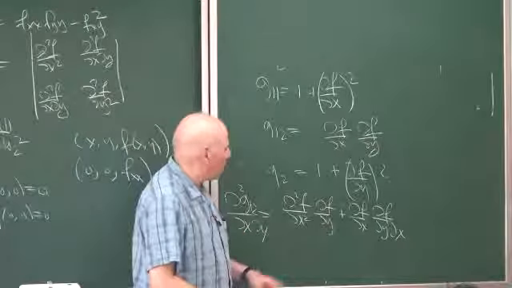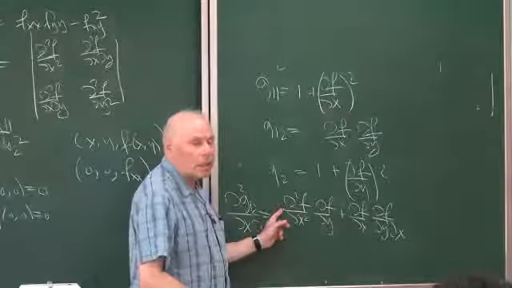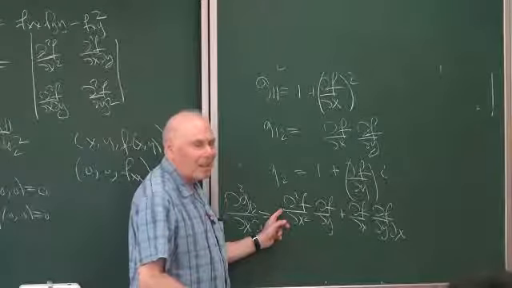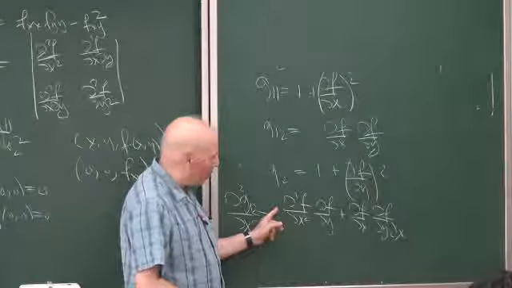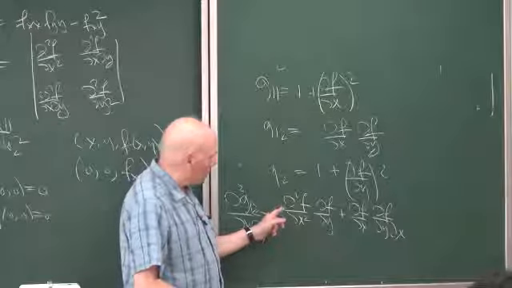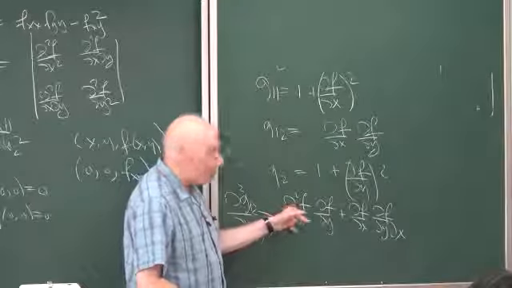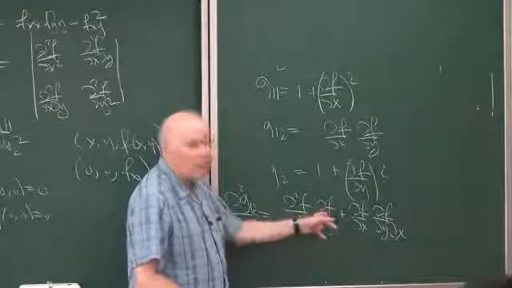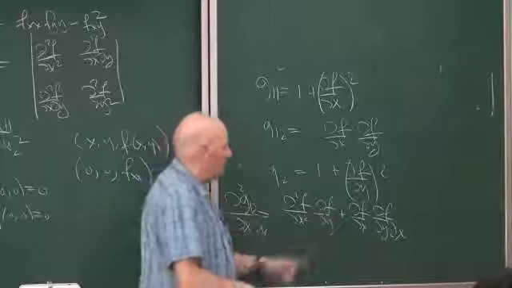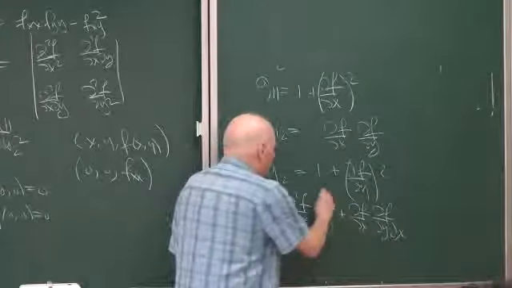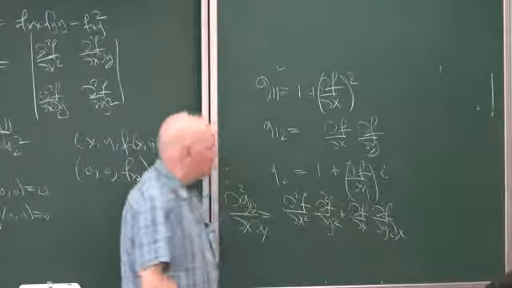So when I differentiate this guy with respect to y, I'll do it slowly. I get this derivative with respect to y times this guy, but that'll give 0. Plus this derivative with respect to y, and I get that one.